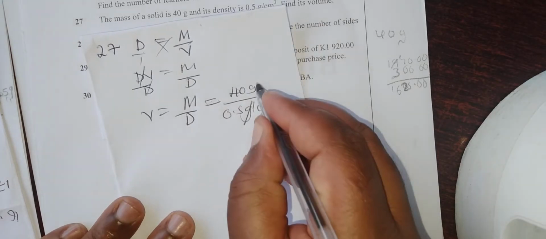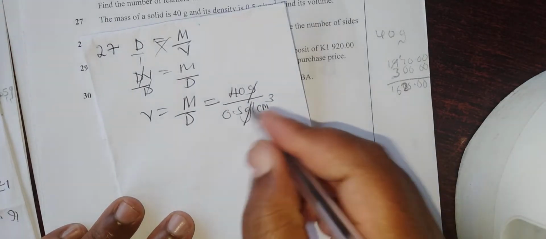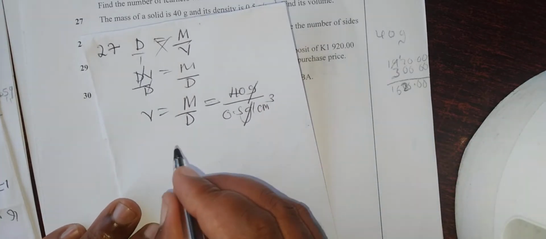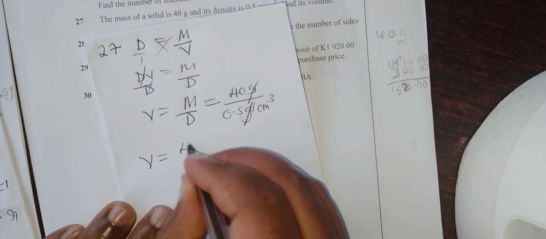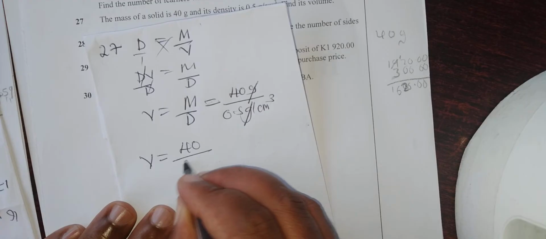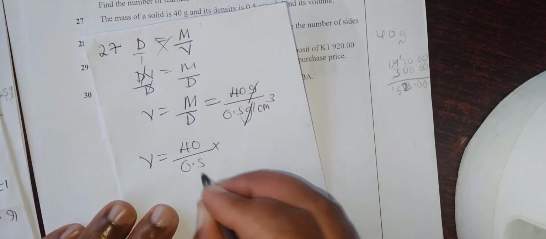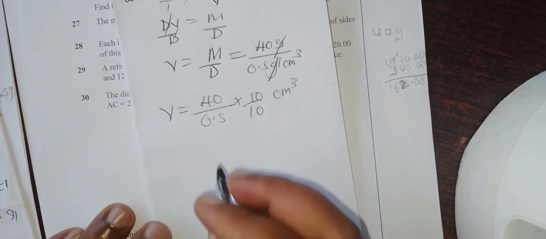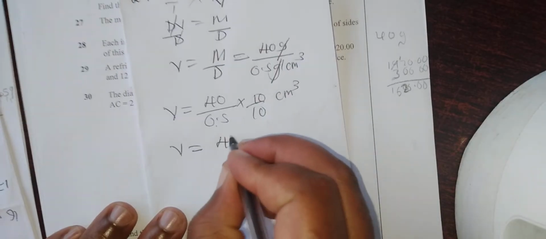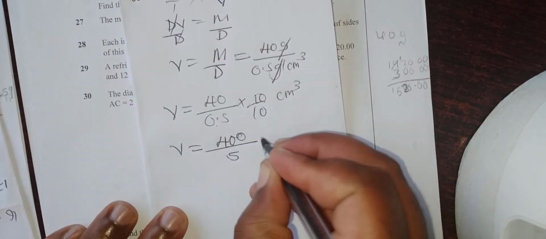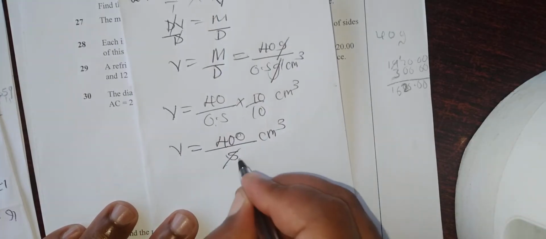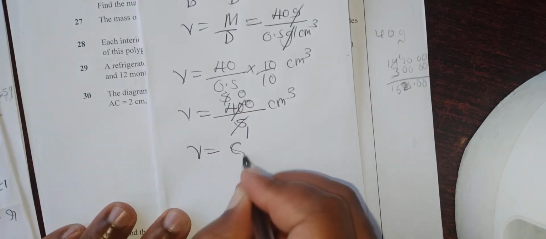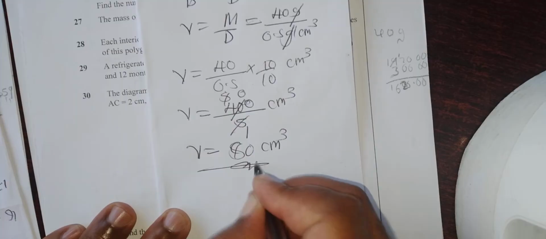The grams will cancel. So we have volume equal to 400 over 0.5. There is one decimal place, so we multiply by 10 top and bottom. So volume is equal to 4000 divided by 50, which is 400 divided by 5 cubic centimeters. 5 into 40 is 8, then 0, so our volume is 80 cubic centimeters. That is our volume.